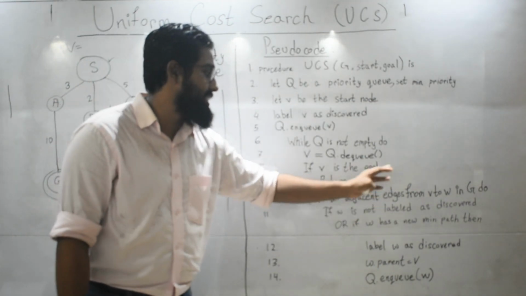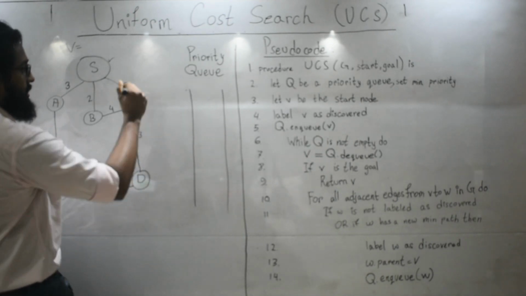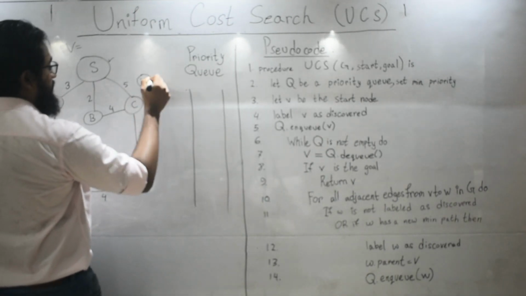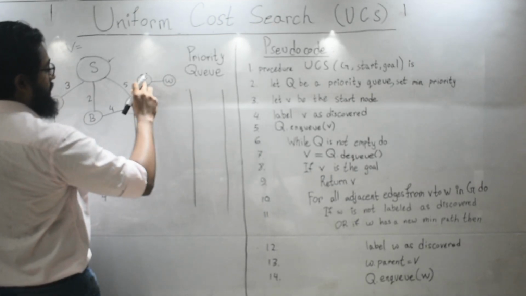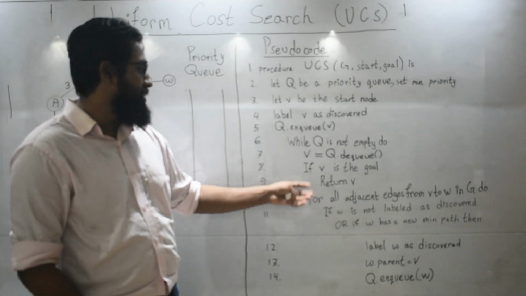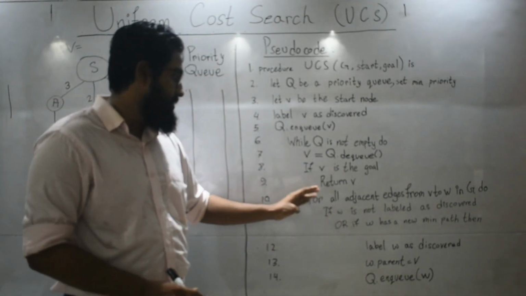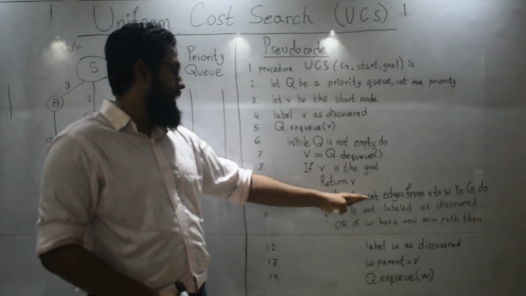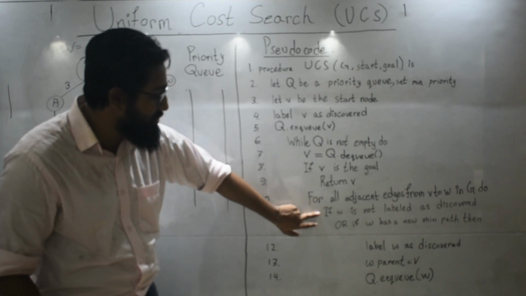For all adjacent edges from V to W in G. So what does that mean? Suppose you have a node V and it has a neighboring node W. So it's talking about all the neighboring nodes of your particular node V. For all the adjacent edges from V to W in G do, then you have an if condition.